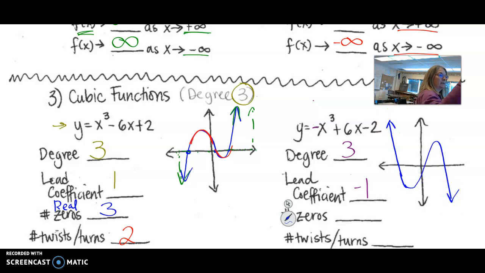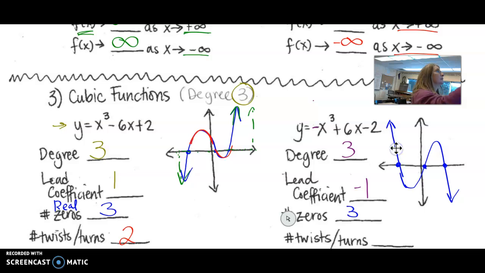How many zeros? Well, in this case, we have 3 real zeros. But let's say that I add a bigger number, so I added -2 here. If I added a bigger number, what it's going to do to the graph is shift it.